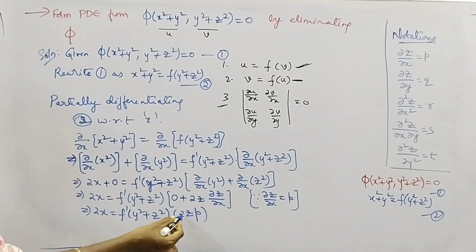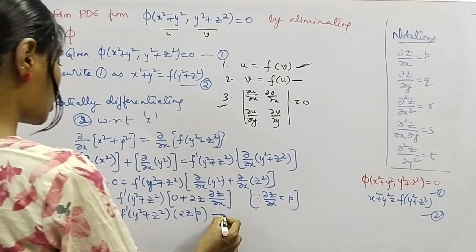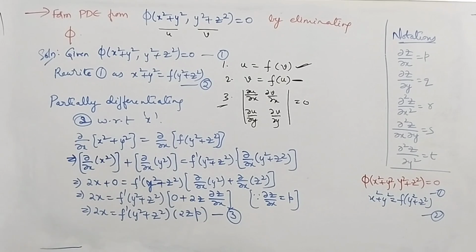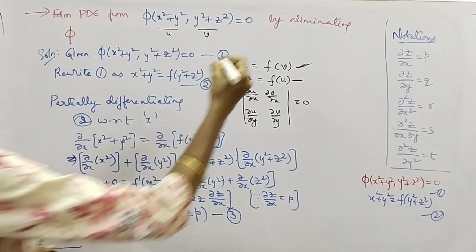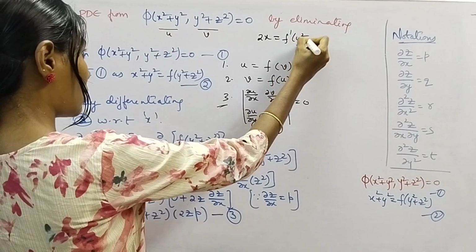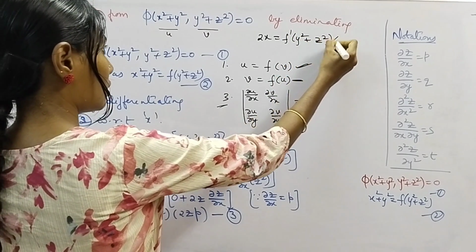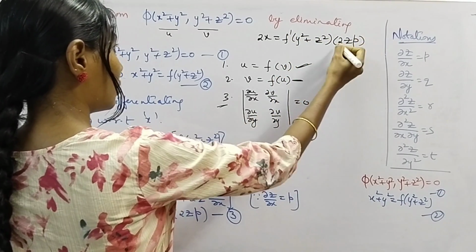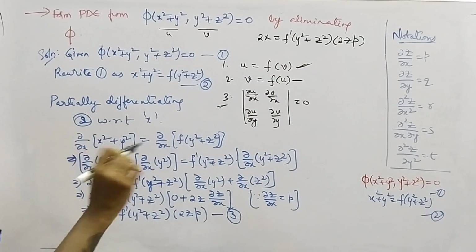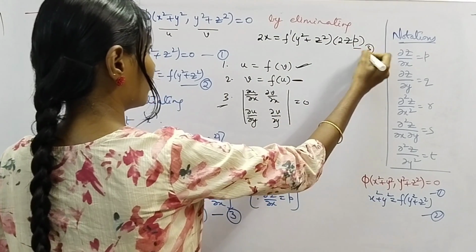You can cancel 2z on both sides of the equation or just leave it as it is. Now consider as equation number 3. So we got equation number 3, which is 2x equal to f dash of y square plus z square into 2zp. I told you you can cancel 2 from both sides of equation 3.